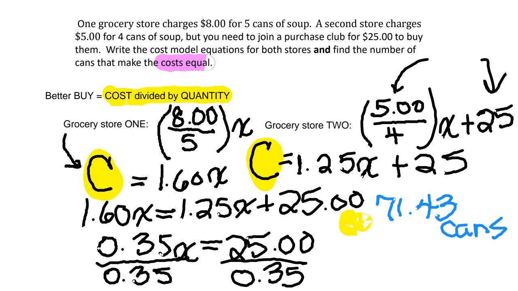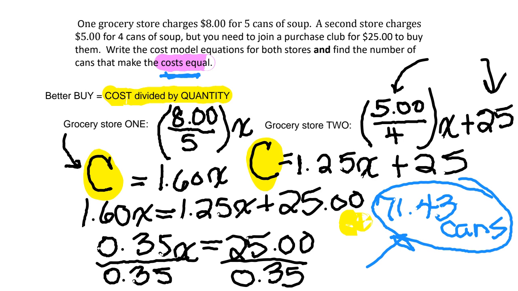Well, I need this decimal because I want to find the number of cans. That's right here. 71.43 cans is when my cost will be exactly the same.